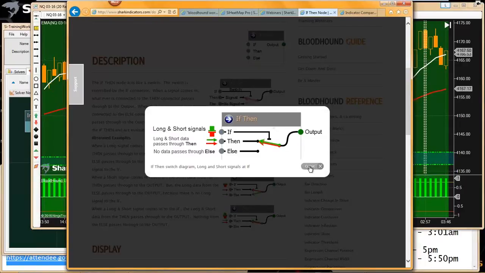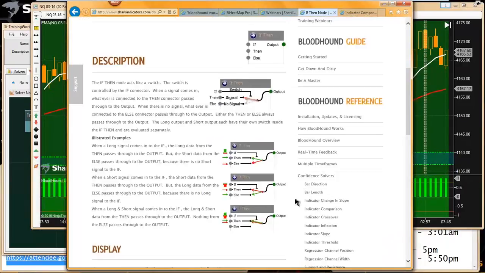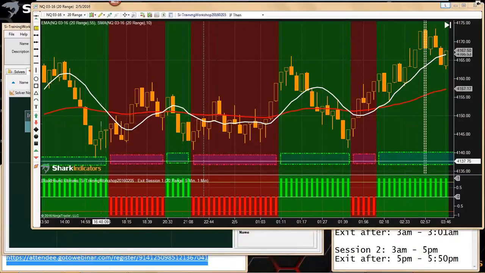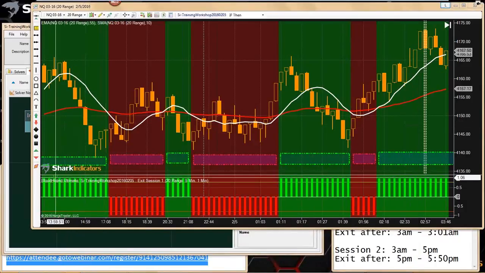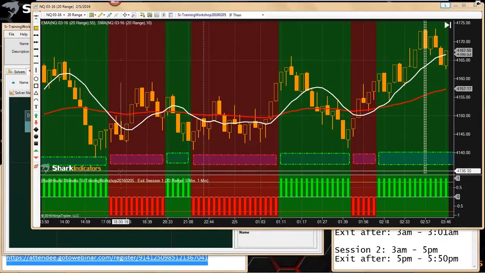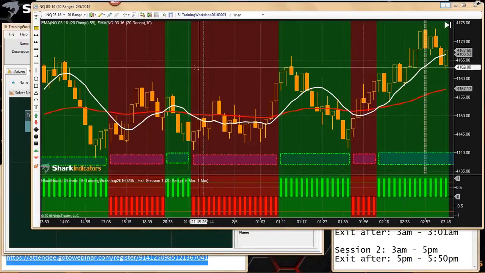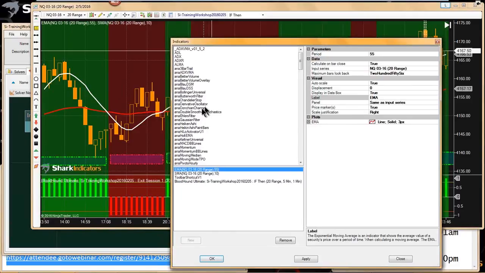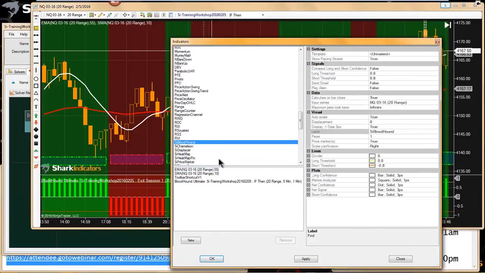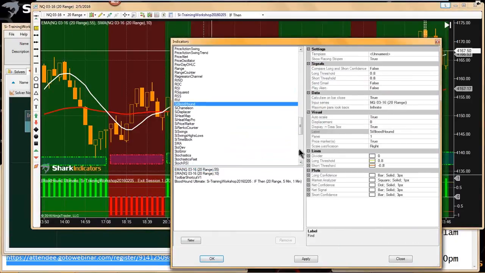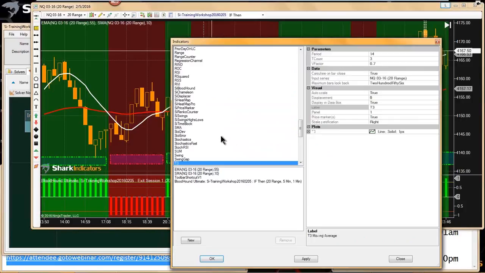All right, so let me set up some examples here. I'm going to put some more indicators on the chart to help illustrate some examples better.